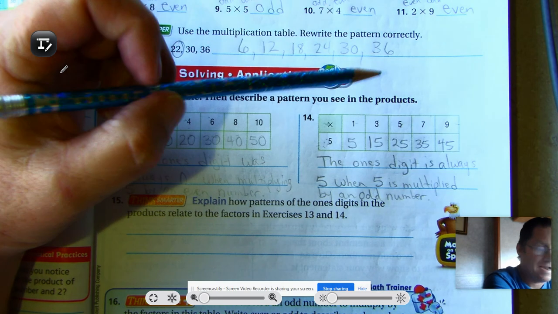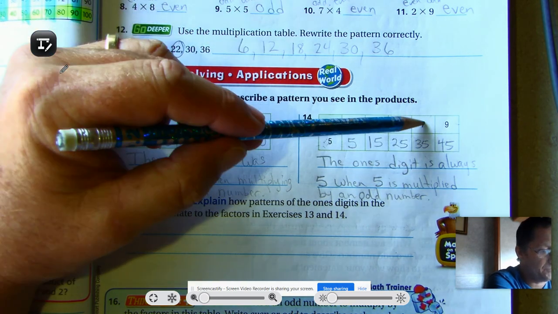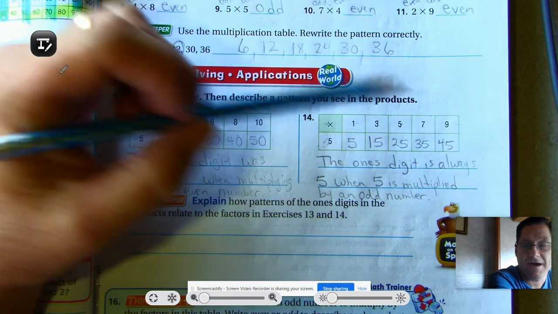So this time, 5 was multiplied by an odd number, and the product always ended in a 5.